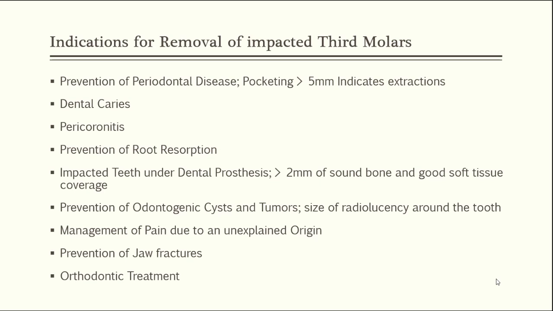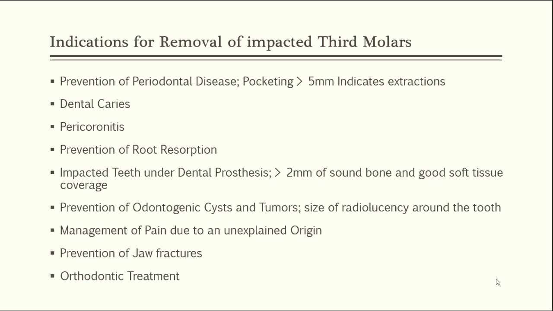Pericoronitis: if it happens more than once a year, it needs extraction. To prevent root resorption, this is the only prophylactic indication to extract an impacted wisdom. Prophylactically, before any problems, we extract a wisdom tooth because we want to prevent root resorption from happening. We want to prevent the 7 from being resorbed and having to extract the 7 as well.